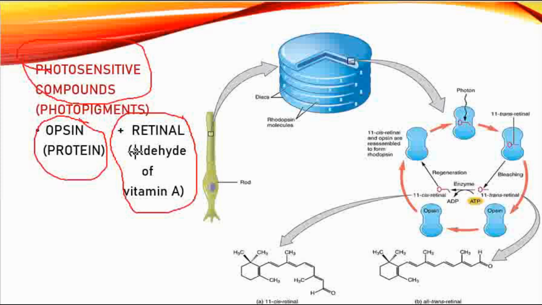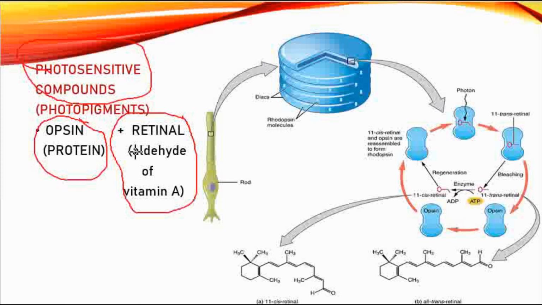As the name suggests, these are compounds very sensitive to light, so they are called photosensitive compounds or photopigments, present in our eyes.